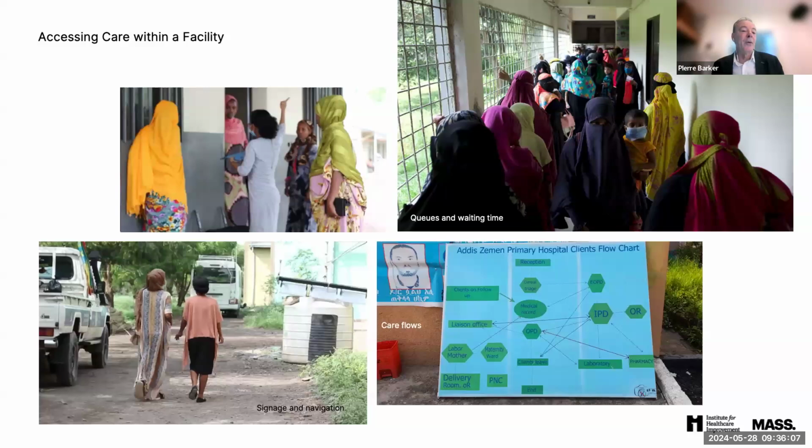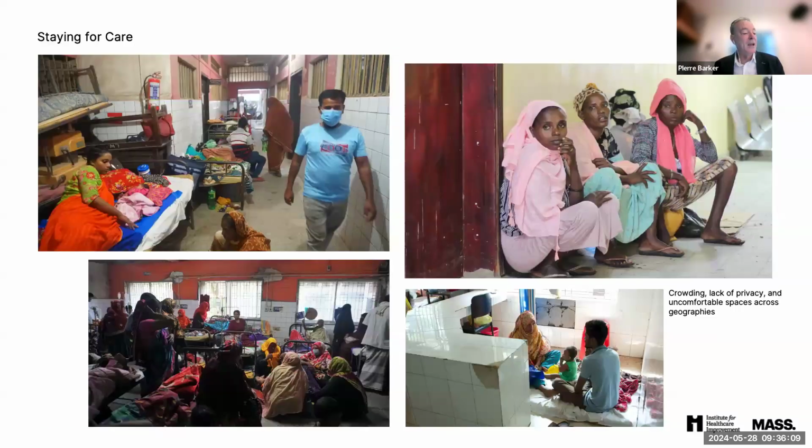And then for mothers who have to stay within the institution, making sure that there are facilities that, again, are conducive to staying. One of the biggest impediments that I saw, certainly in the work in Malawi, was that mothers simply weren't prepared to stay in the hospitals because of the conditions that they were expected to stay in.